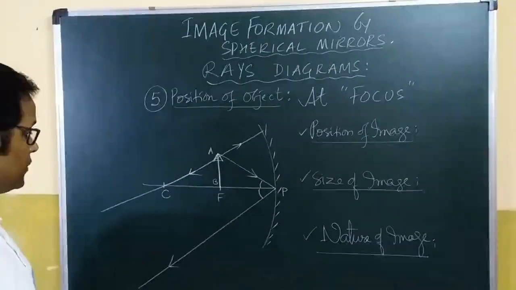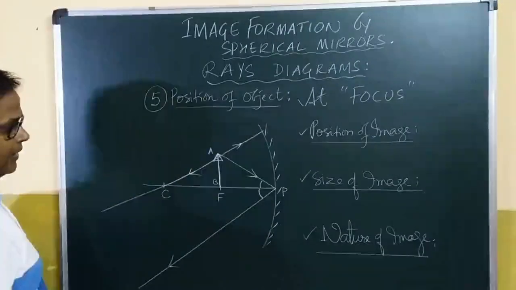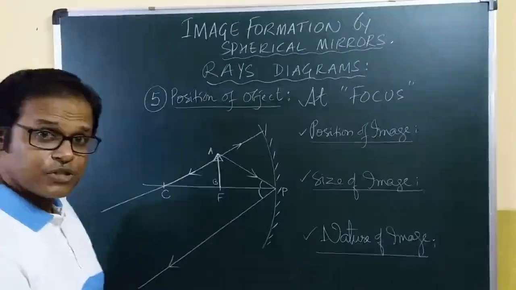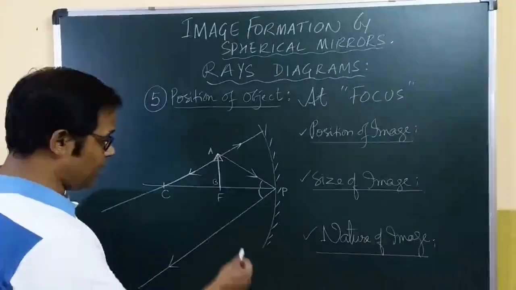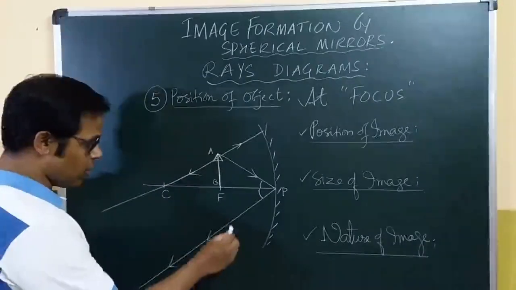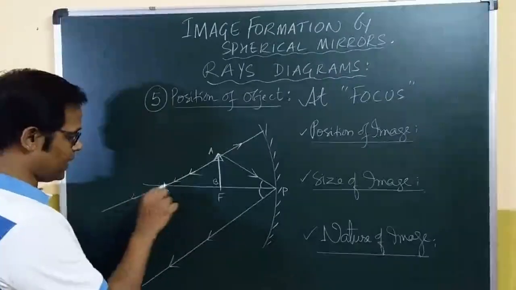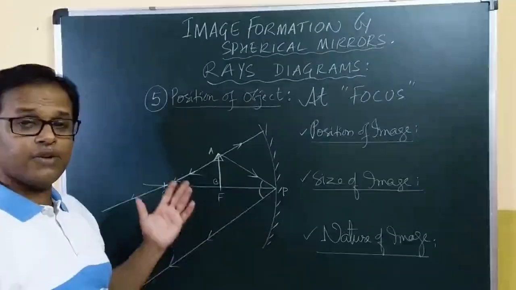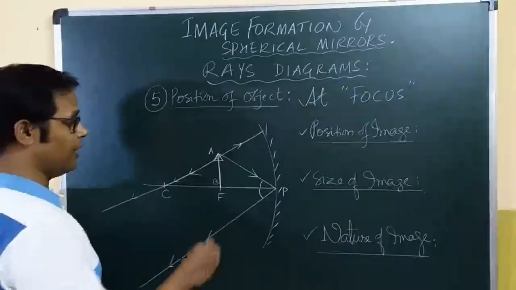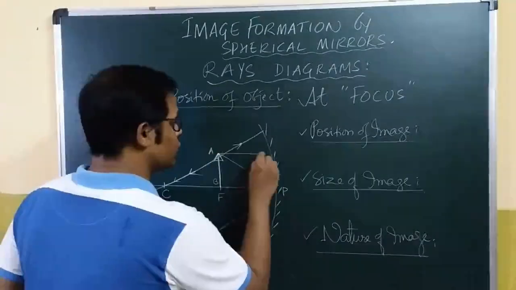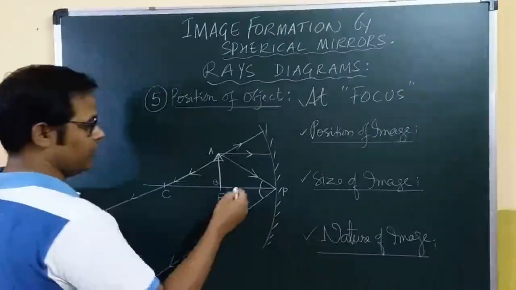If you observe this diagram closely and think about it practically, you'll find that for the rays of light after getting reflected from the mirror, you could have used even the other two principal rays. I mean to say, the first one is also possible to be shown over here.